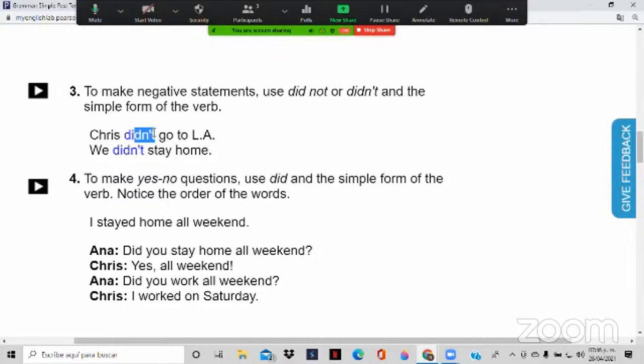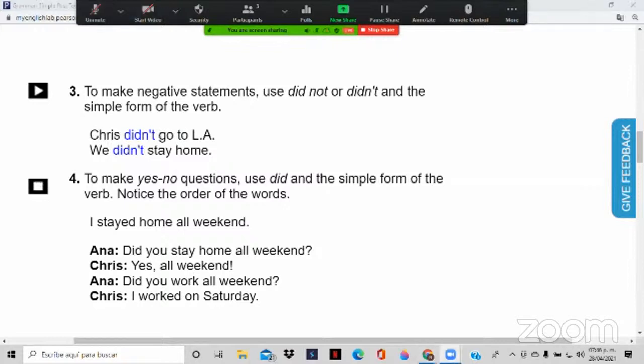Lo siguiente es que el siguiente verbo está siendo auxiliado por este verbo que nos ayuda tanto para negar o para hacer preguntas. Por lo tanto, sí, estamos hablando del pasado, pero el verbo se queda en su forma normal. Por ejemplo, Chris didn't go, ¿ok? We didn't stay. Y la pronunciación es normal. Go, stay. Let's continue.